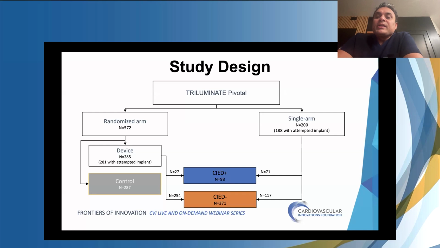I think, to your second case, Paul and Nadira, we just assumed that a lead case was probably not going to get a big reduction in TR. If we had known what we know now, I think we would have had a lot more in the randomized arm, which would have been interesting. But only 27 were in the device arm, and in the single arm, 71, a higher percentage. So we compared that 71 plus 27 to the 254 plus 117 that didn't have leads.